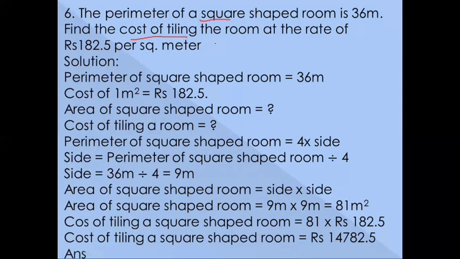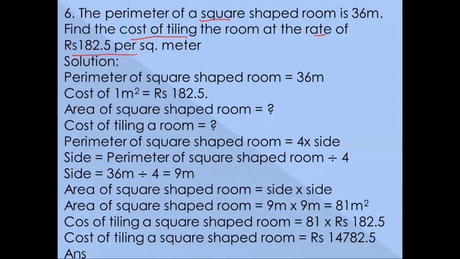We think that the rate of 1 square meter is given, that is equal to 182.5 rupees per square meter. It means that we have to find the area first of all.